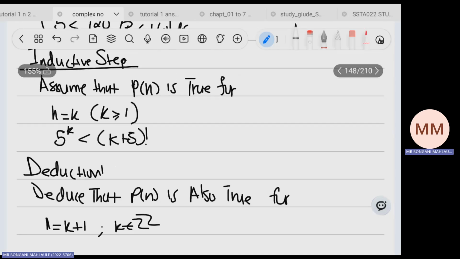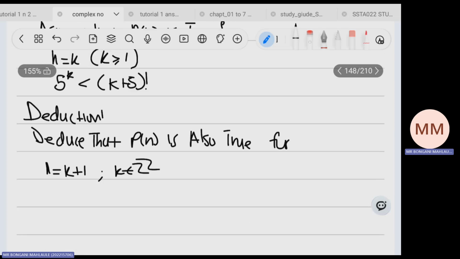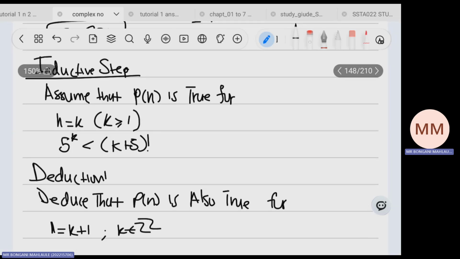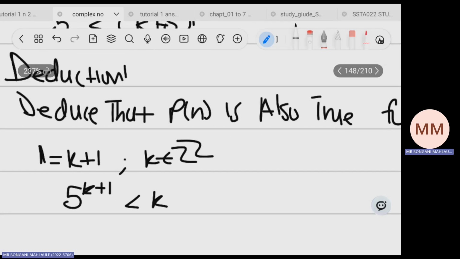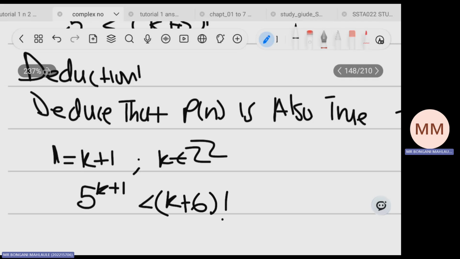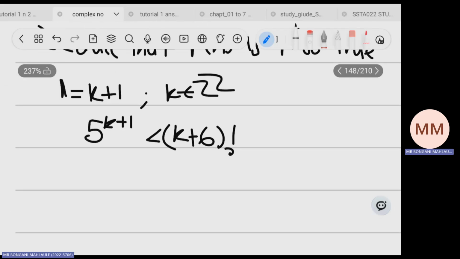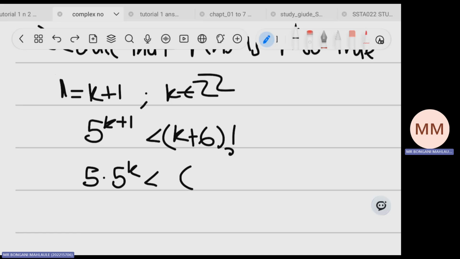So we can agree that I will have 5 to exponent k plus 1 is less than k plus 6 factorial. And then we can have 5 times 5 to exponent k being less than k plus 6.